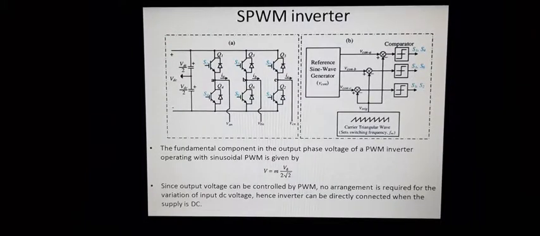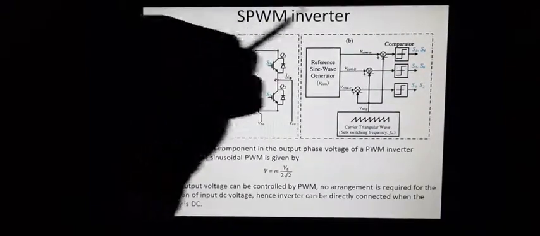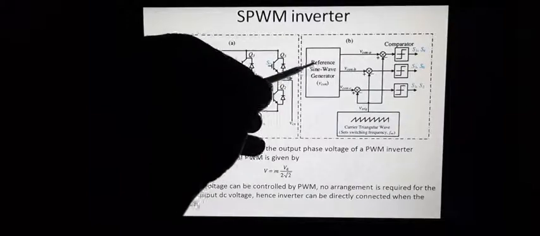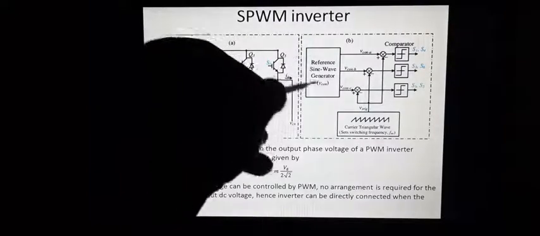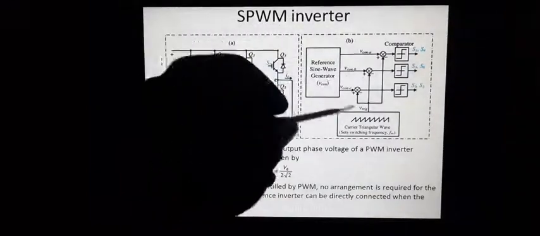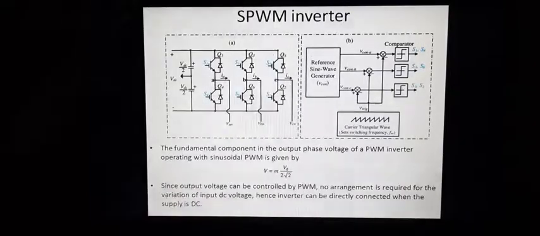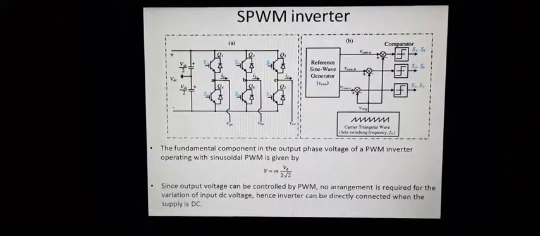For all types of inverters, the control signals are obtained by using a comparator. In the SPWM inverter, this comparator compares the signal generated by a sine wave generator with a carrier signal, and the output pulses are given to the corresponding switches.